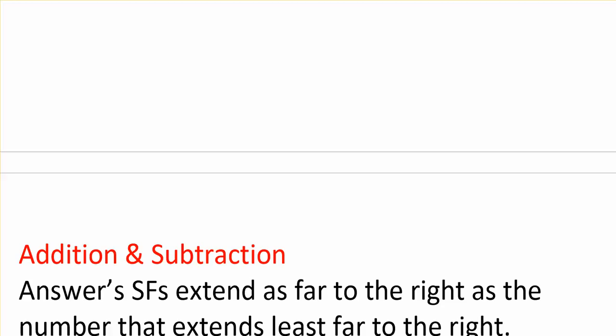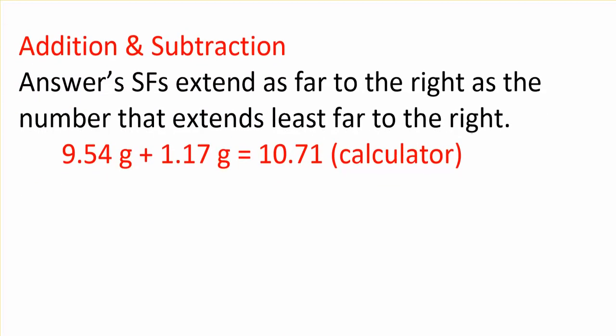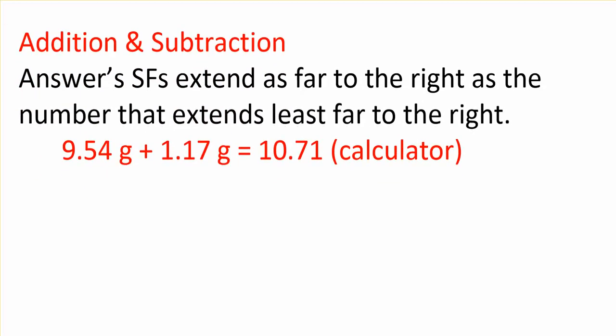Let's look at addition and subtraction. When you add and subtract, I recommend that you write down the numbers lining them up, because you're not interested in how many significant figures they have. You're interested in how far they extend to the right.